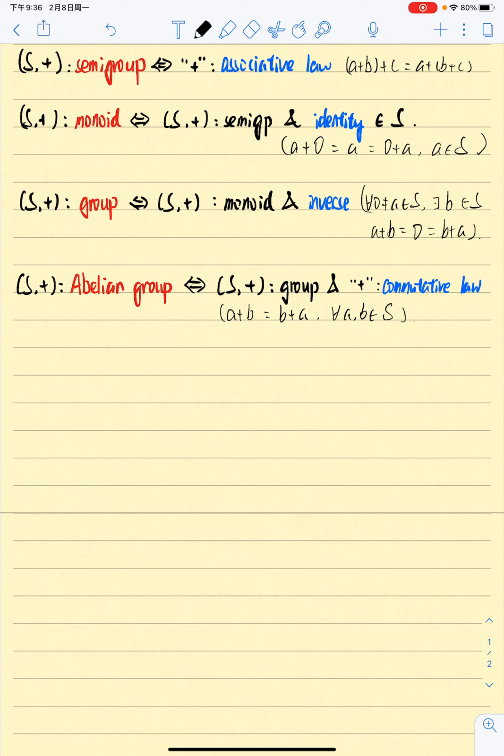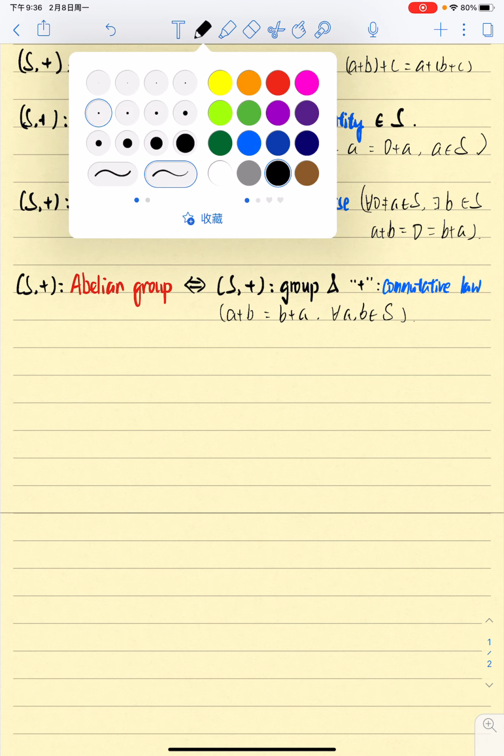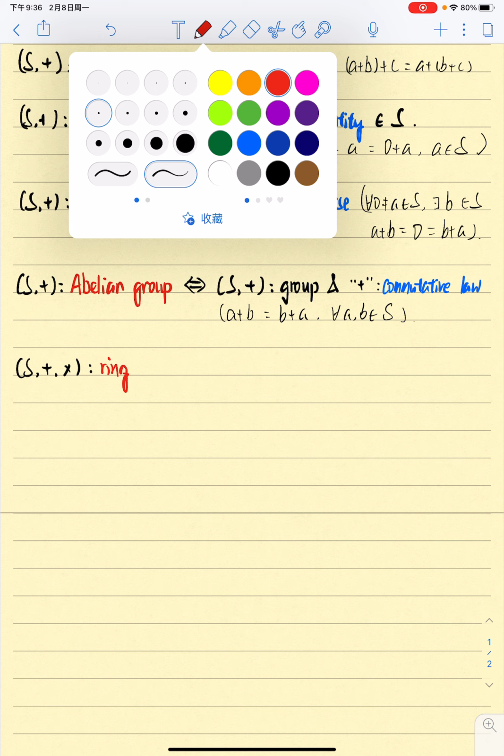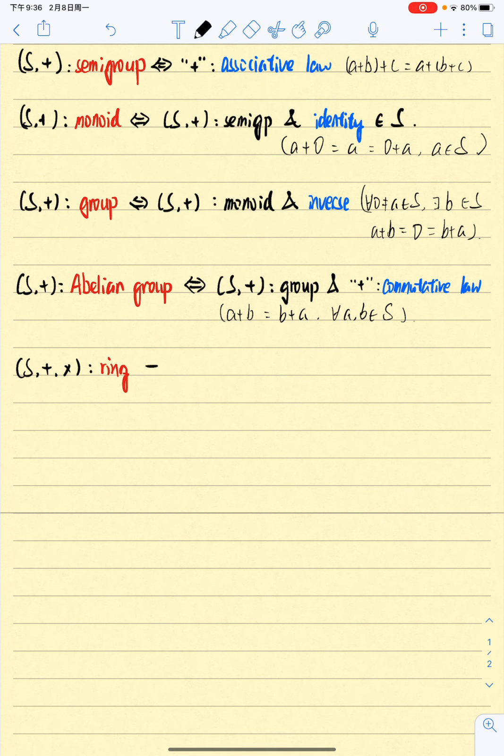And we call the system S, plus, multiply a ring if three conditions are satisfied.